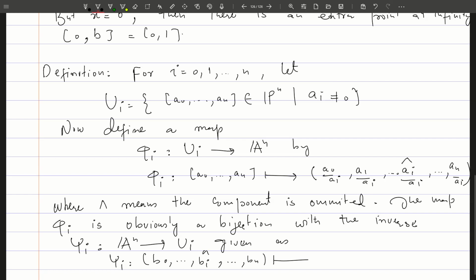It maps this point to the point b naught, and at the ith component I will write 1, through bn. So this is a point in Pn. One can note that if we compose these two maps, we get the identities on their respective sets.